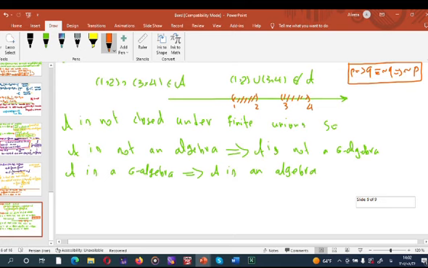Any sigma algebra is an algebra. In other words, if A is closed under countable union, A is closed under finite union.